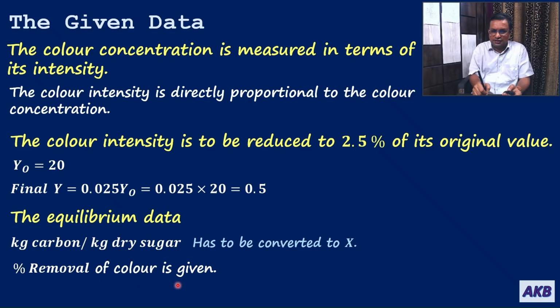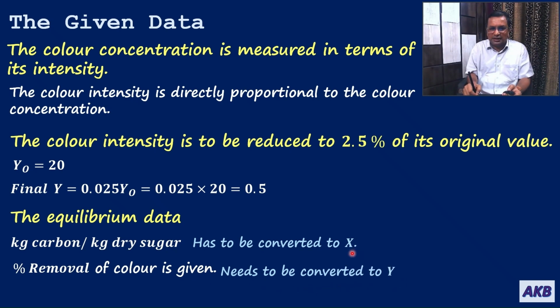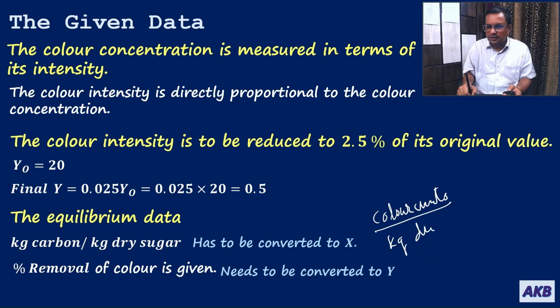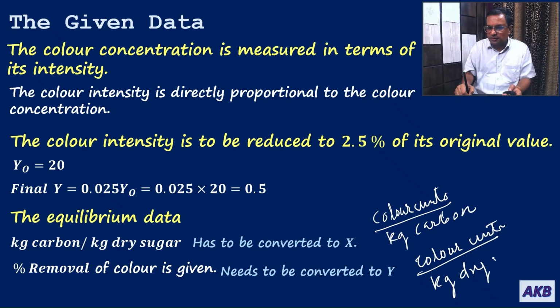So the percentage removal of the color is given to us, and we will convert this information to capital Y. Capital X is color units per kg carbon, whereas capital Y is color units per kg dry sugar.